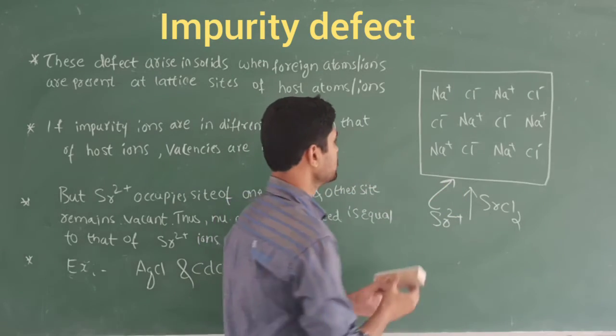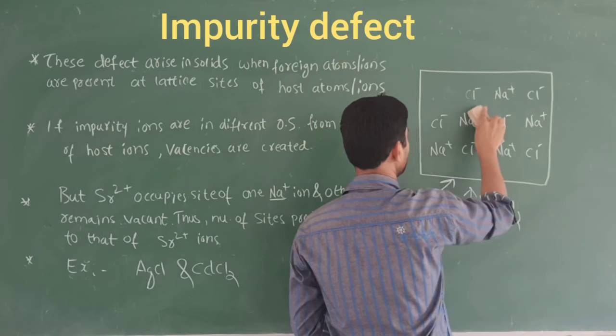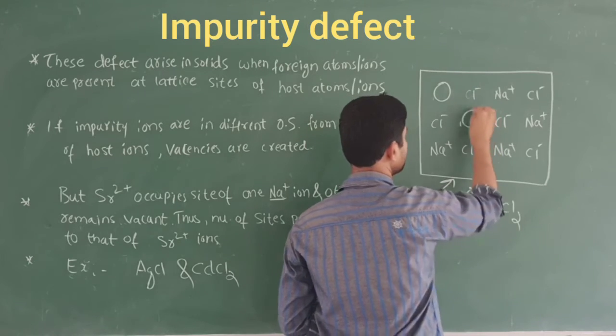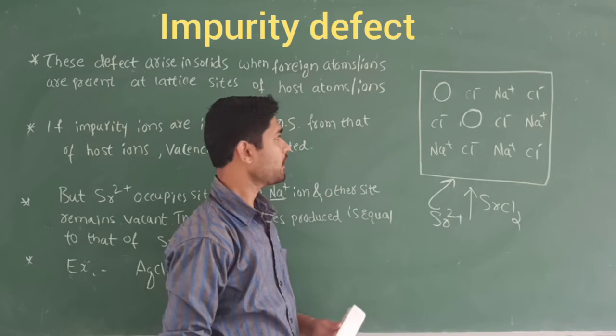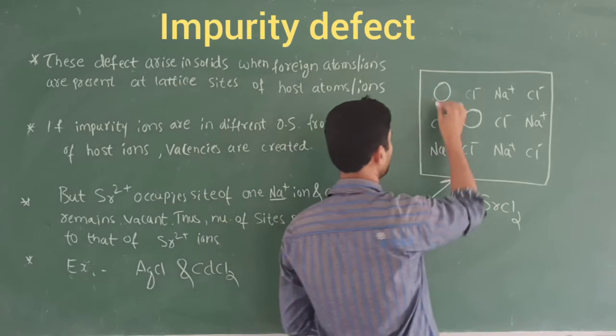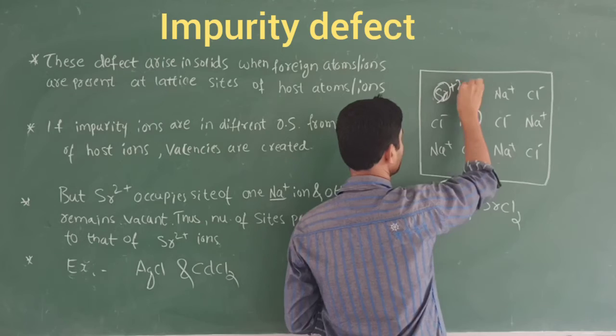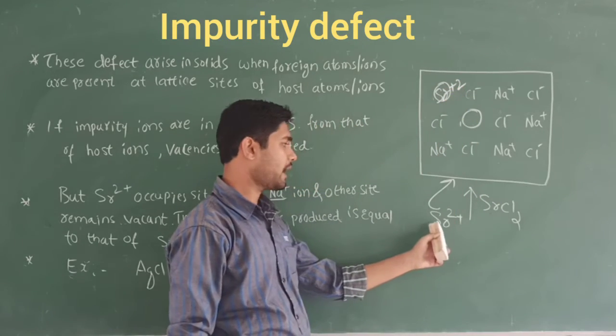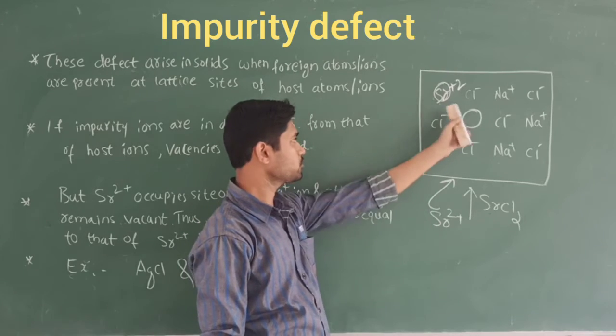After this interaction, 2 Na plus will be eliminated here. I mean 2 vacant spaces will be created here, and one of these spaces is going to be occupied by the strontium 2 plus. Why, when I add this strontium 2 plus, have I removed 2 Na plus?